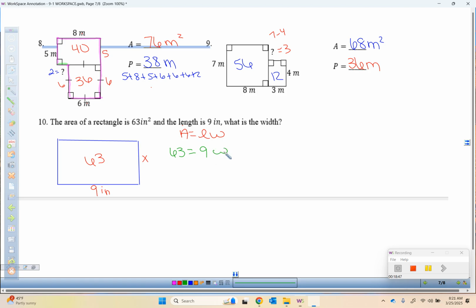So we're going to solve for W. How do I get W by himself? Divide it. Very good. We divide by 9. That's what gets these to cancel. But if I do it over here, I got to do it over here. And so W equals 63 divided by 9, which is 7. So this is 7 inches. My width is 7 inches.